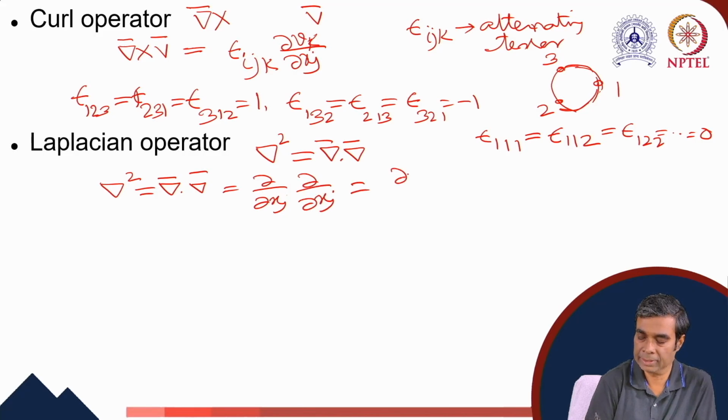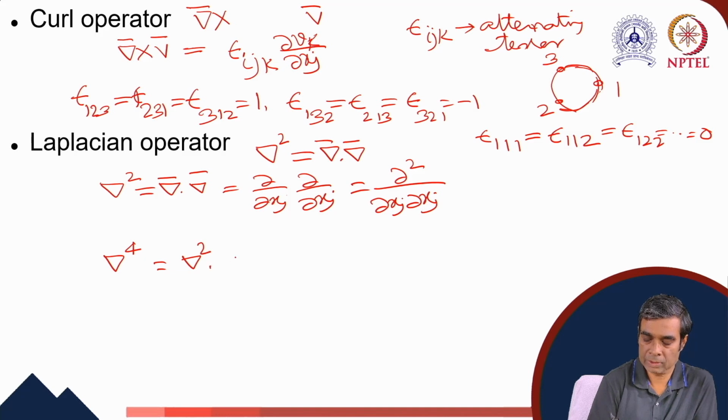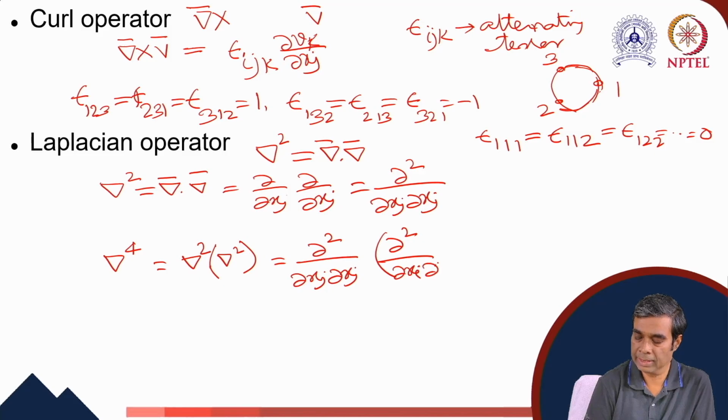So it can be written as del 2 del xj del xj. So the fourth order operator can be simplified as del 4 equals to del square operating on del square, del 2 del xj del xj operating on del 2 del xi del xi.